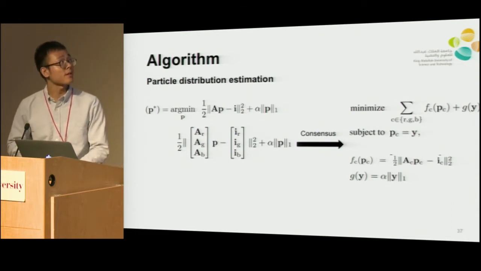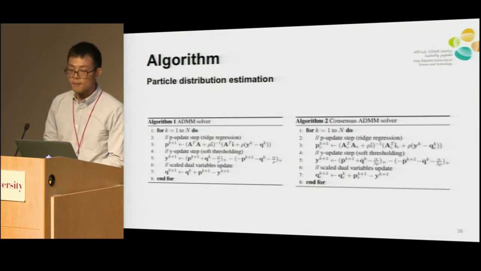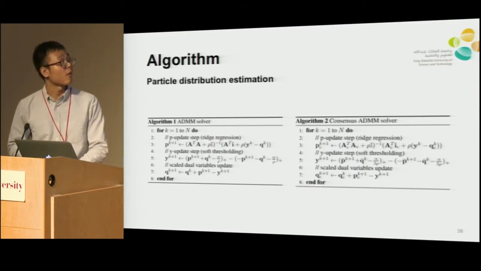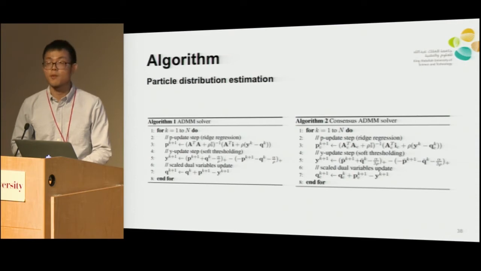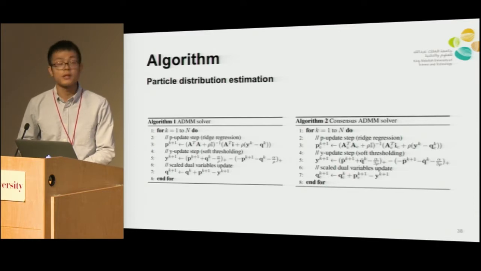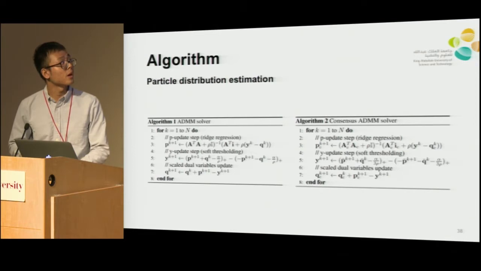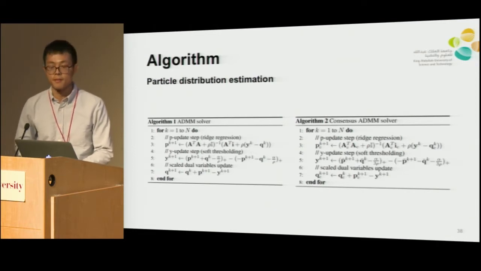And this consensus strategy can still be solved by the ADMM solver, except that we can solve the sub-problems independently and then aggregate the local variables by computing their average. Note that solving the linear system of this sub-problem is much cheaper than the original one.